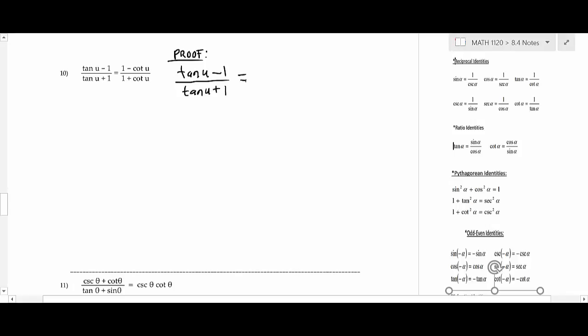Okay, what are some thoughts that we have? Well, probably the first thought that's going to come to most people is change the tangent to sine over cosine. Okay, you could run with that. If you did, I think you would go in circles. I'm not going to do that because I can tell in my mind I'm going to go in circles. So I'm going to think of something else.